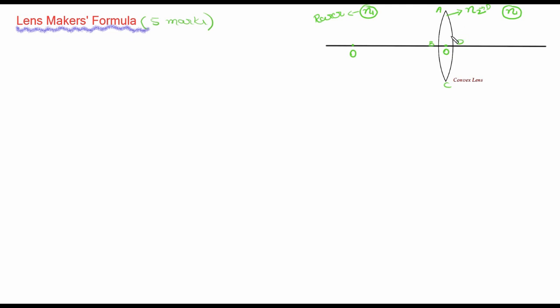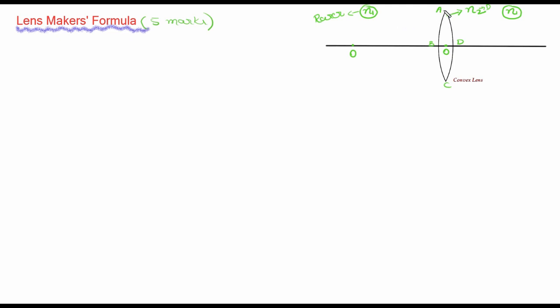Because we know how to draw the normal, a straight line which passes through the center of curvature and the point of incidence. So since there are two normals, you will have two images.